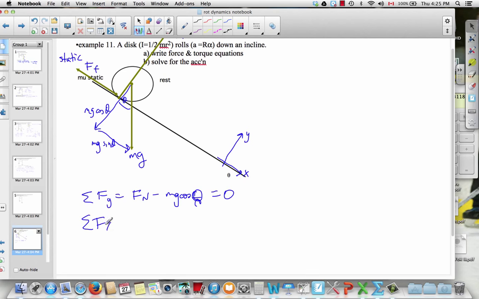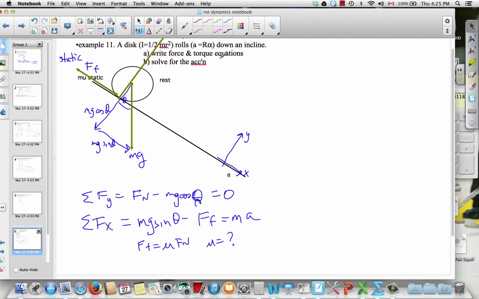In the x direction, it accelerates down the ramp, so there's an unbalanced force, mg sine theta minus friction equals ma. Now, in our previous life, we would have been given a value for mu. You'd find normal force, stub it in there, find friction, because of course friction equals mu Fn, but we don't know what mu is, so we can't currently solve this system.